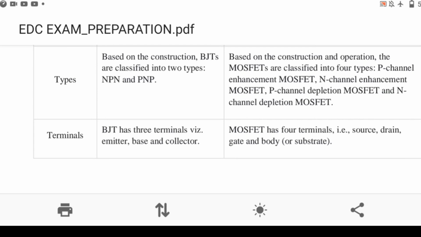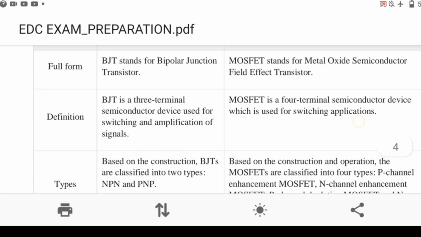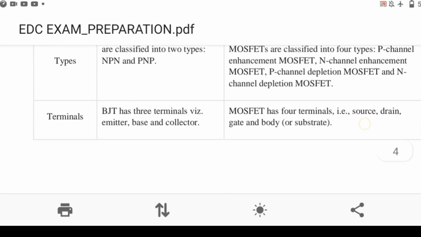MOSFET is also a transistor, a metal oxide field effect transistor. It has 4 terminals: source, drain, gate and body.